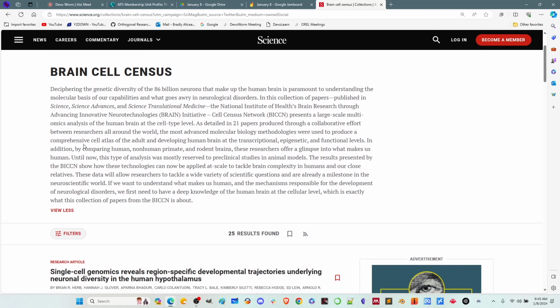They're producing a comprehensive cell atlas of the adult and developing human brain at the transcriptional, epigenetic, and functional levels. In addition, by comparing human, non-human primate, and rodent brains, they have this sort of phylogenetic diversity.